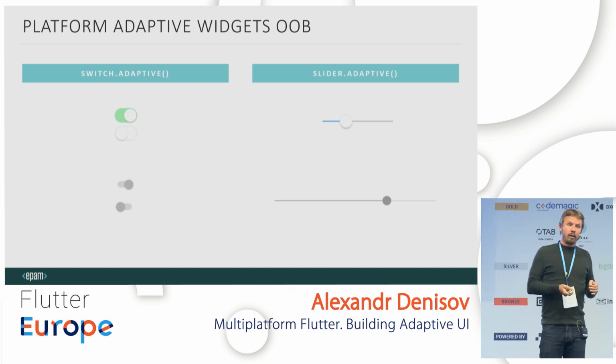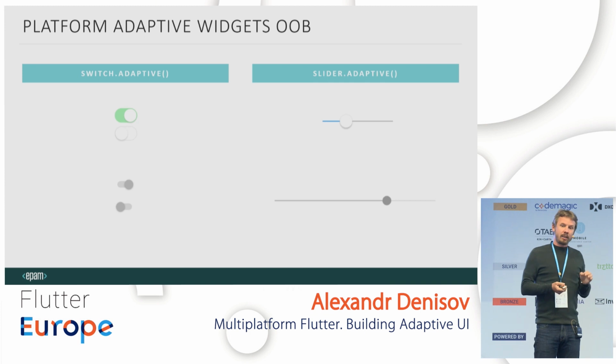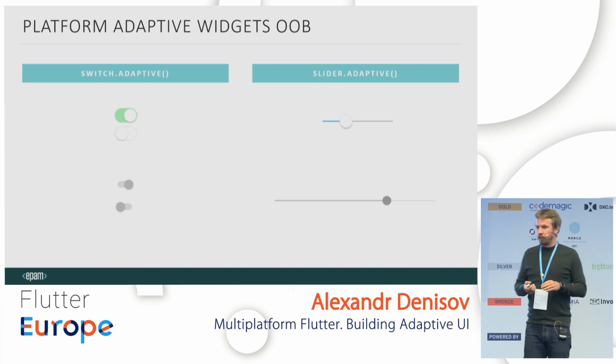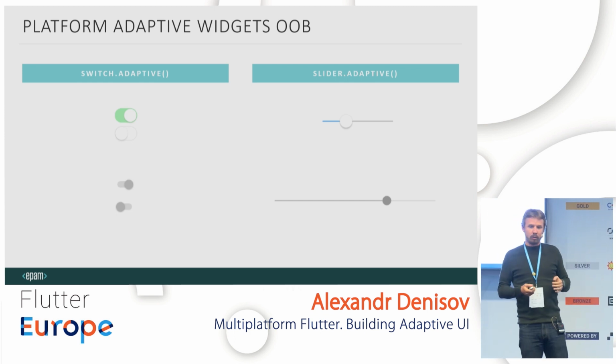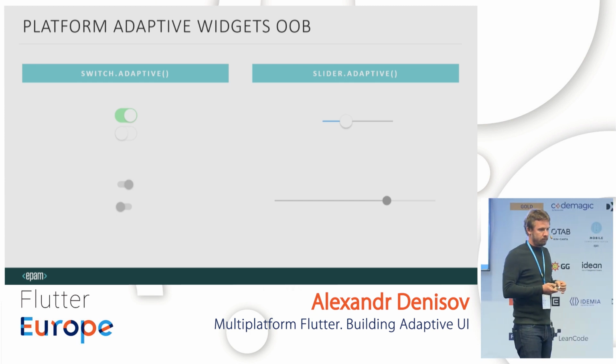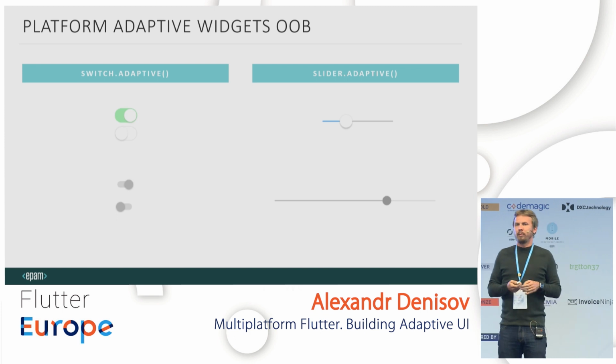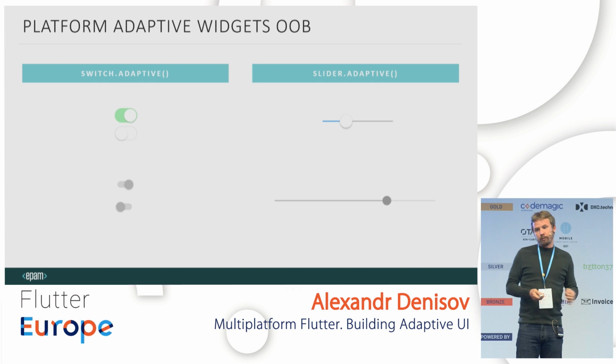Actually, there is a named constructor adaptive in Flutter that has platform adaptivity out of the box. But it's implemented for a couple of widgets only, for switch and for slider.